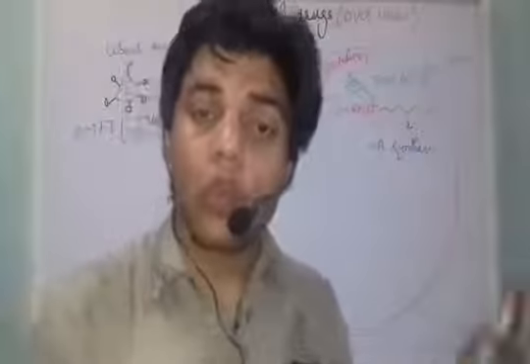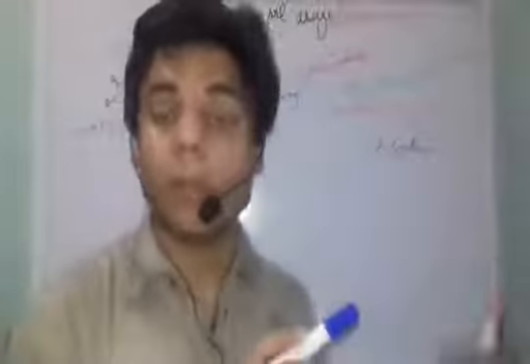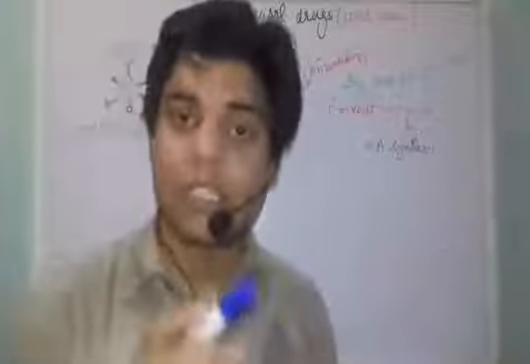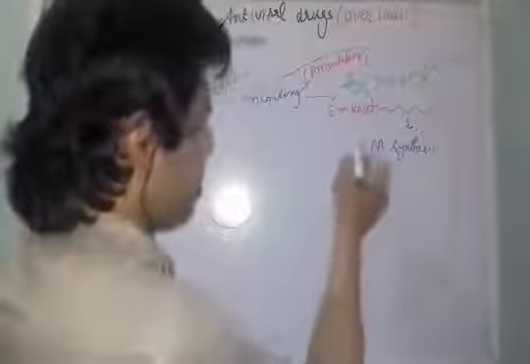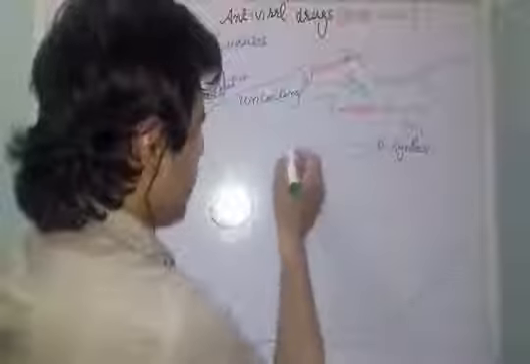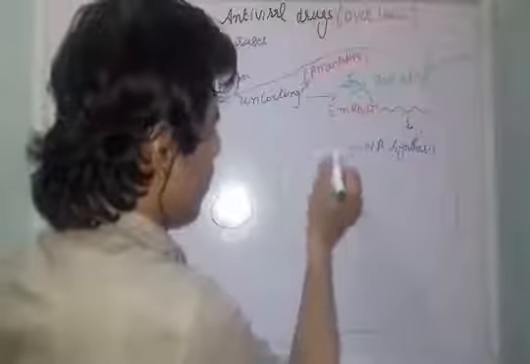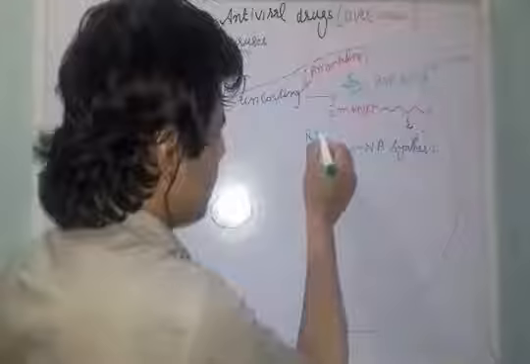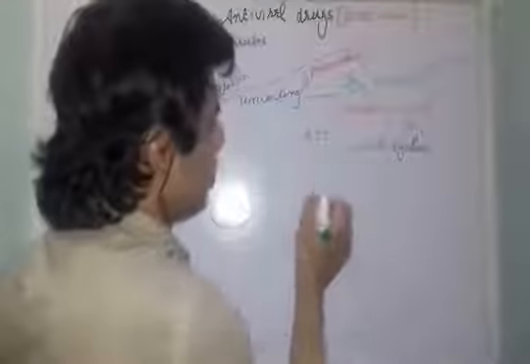So we have to inhibit this area. How can we inhibit this area? We inhibit this nucleic acid synthesis by a drug, and we call that a reverse transcriptase inhibitor. So let me write. In short form we write RTI, reverse transcriptase inhibitor.